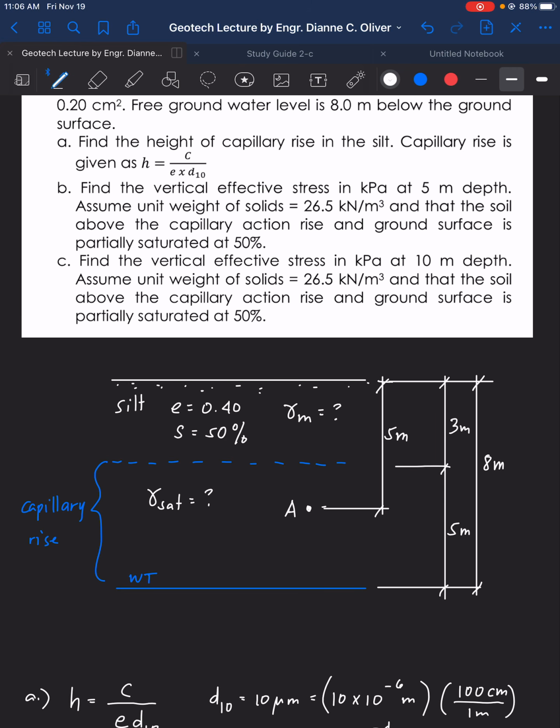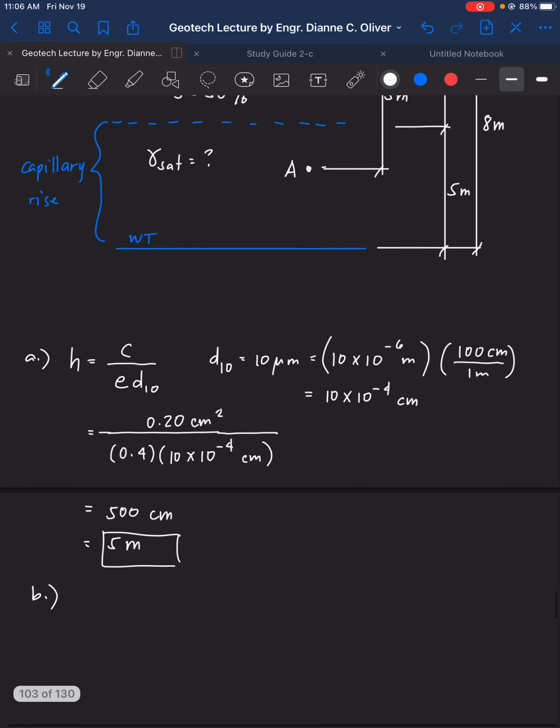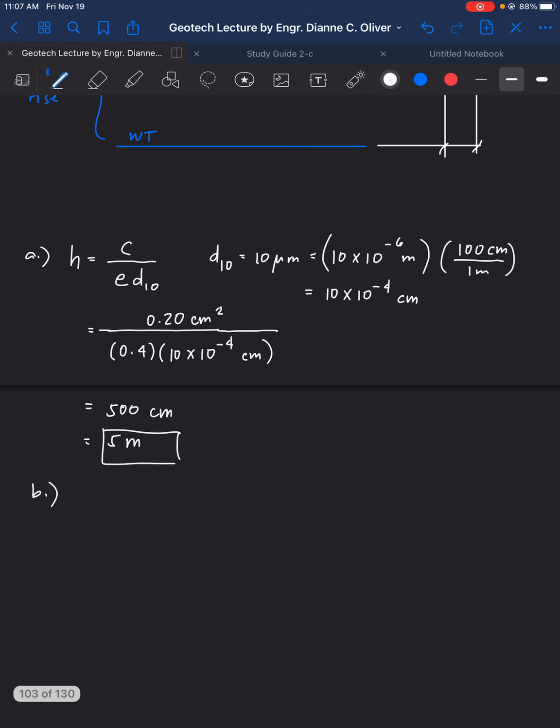So gamma M, how do we compute for gamma M? For the formula for gamma, we have G plus SE over 1 plus E. So void ratio is already given.